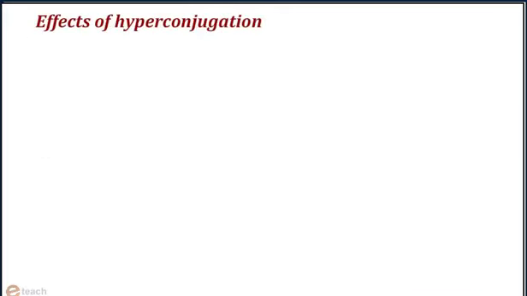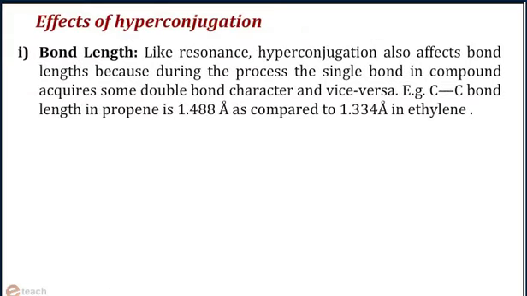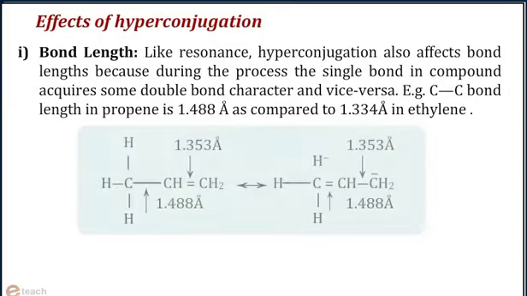Effects of hyperconjugation. The first one is bond length. Like resonance, hyperconjugation also affects bond lengths, because during the process the single bond in a compound acquires some double bond character and vice versa.